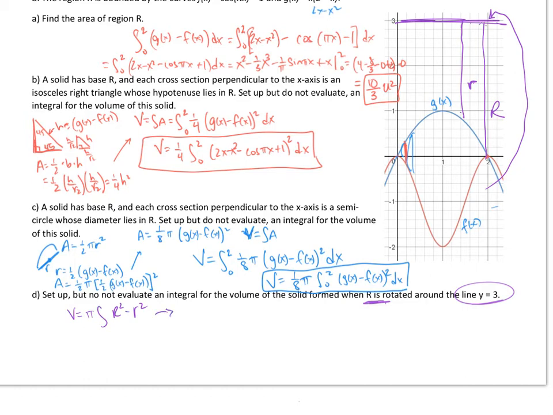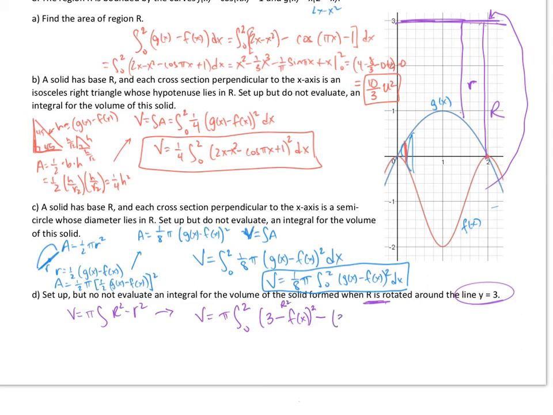And so let's put this together now. We're going to end up with the volume as being pi on the bounds from 0 to 2. And this will be 3 minus f of x squared minus, so this was our big R squared.